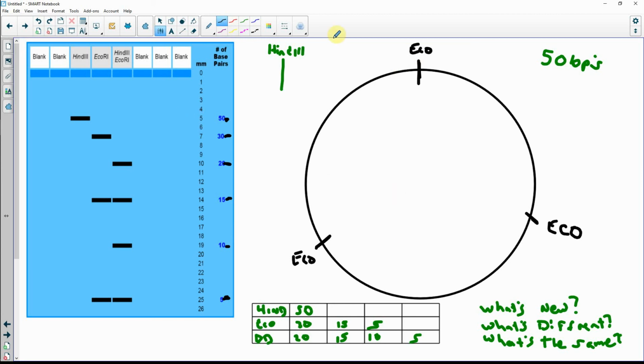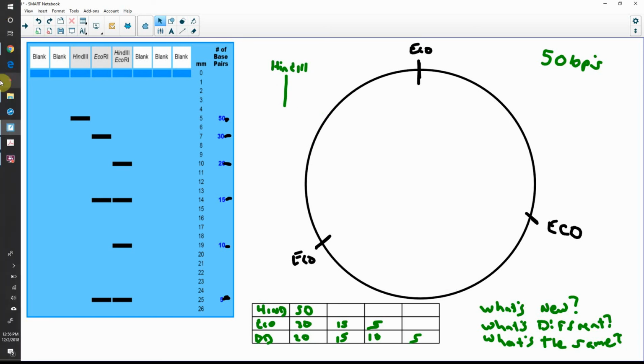Now, the interesting part when it comes to plasmid mapping is that we want to see how much real estate there is between this Eco and this Eco, this Eco and this Eco, this Eco and this Eco, and we want to see where the HindIII fits in. Does it fit here? Does it fit here? Does it fit over here? That's the entire purpose behind restriction mapping.